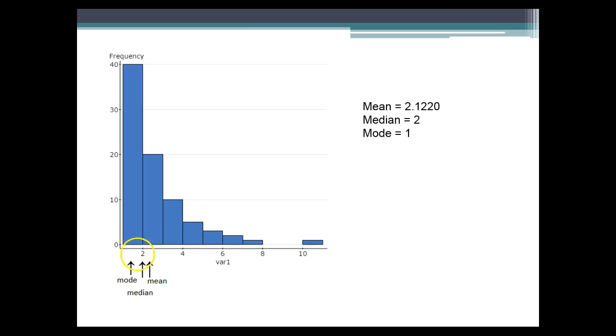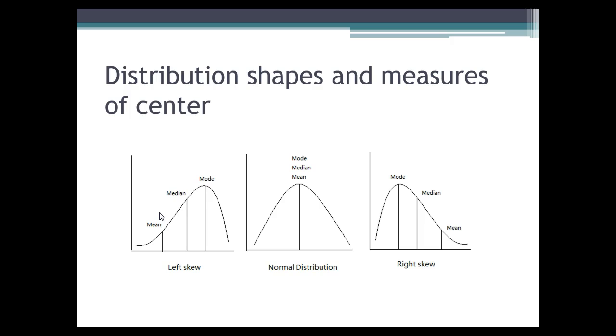So here you see that the mean is getting pulled toward this outlier, whereas the median is going to stay there. And in general, that's the way it works.